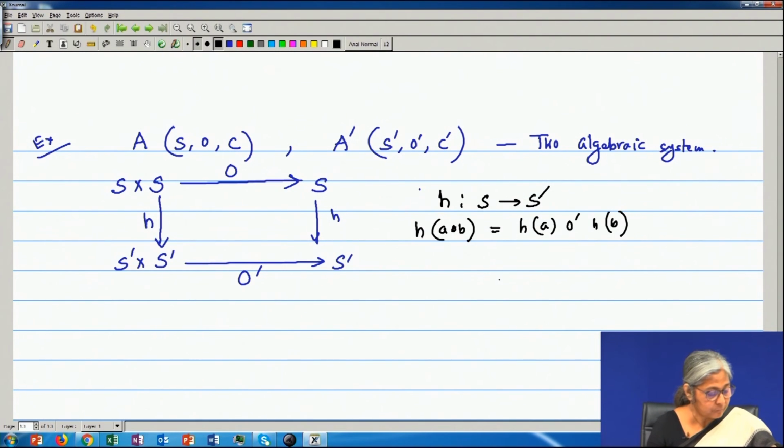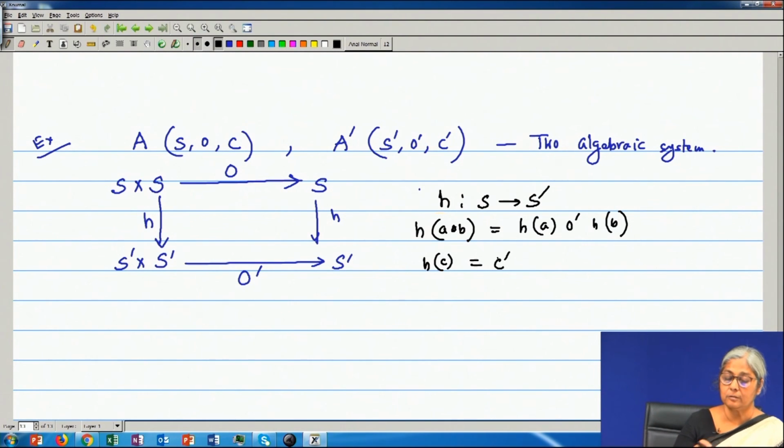And if I consider some constant, then H of C is equal to C'. So, this is the general definition of homomorphism and graphically it will show in this nature.